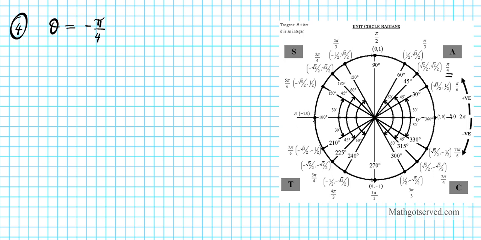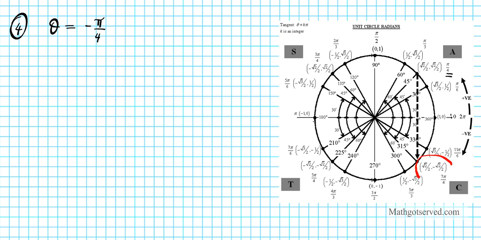Since we're upstairs, and this is the point that corresponds to pi over 4, we need to reflect straight down, and that is going to be negative pi over 4 right there. So this point right here, negative pi over 4 is the same as 7 pi over 4.